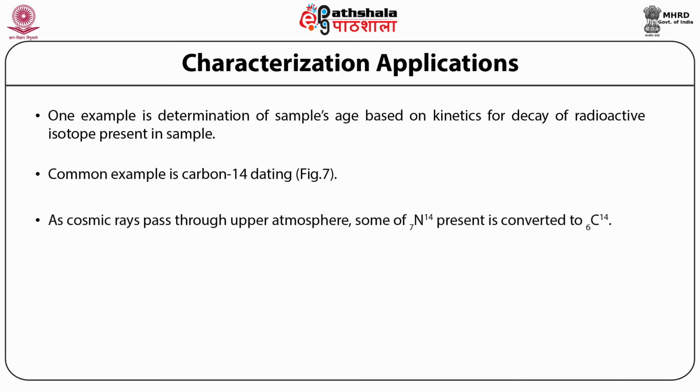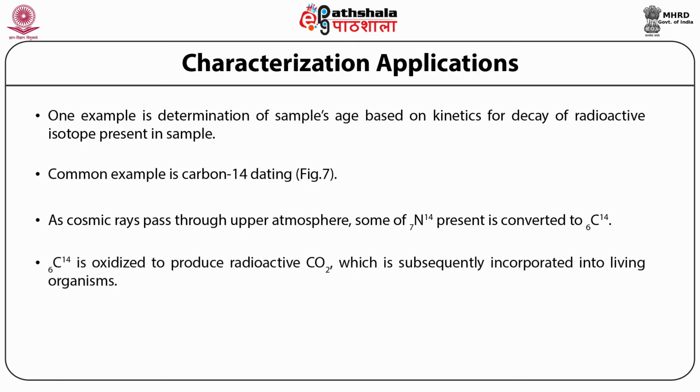As cosmic rays pass through the upper atmosphere, some of the 7N14 (nitrogen-14) present is converted to 6C14 by the capture of high energy neutrons. The 6C14 then migrates into the lower atmosphere where it is oxidized to produce radioactive carbon dioxide, which is subsequently incorporated into living organisms.